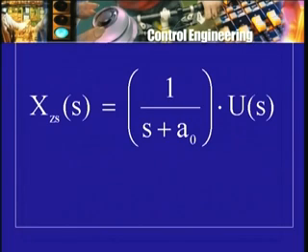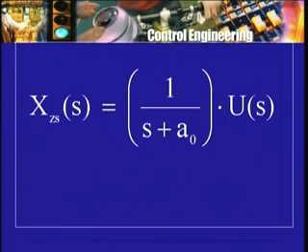So look at X_zs, the zero state response, but its Laplace transform. On the right hand side we have the input, or rather the Laplace transform of the input, and the fact is that the zero state response transform is 1 divided by s plus a0 multiplying U(s).